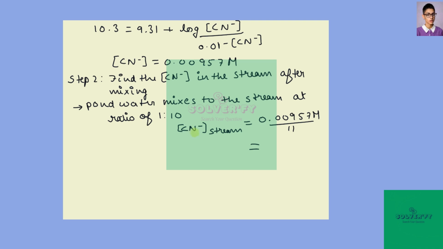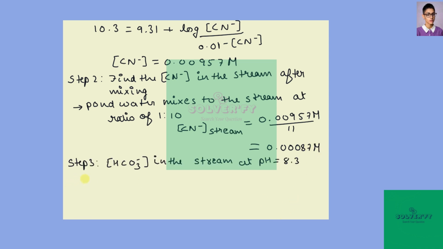So here we'll get the concentration of the CN negative ions in the stream, and it is equal to 0.00087 molar.